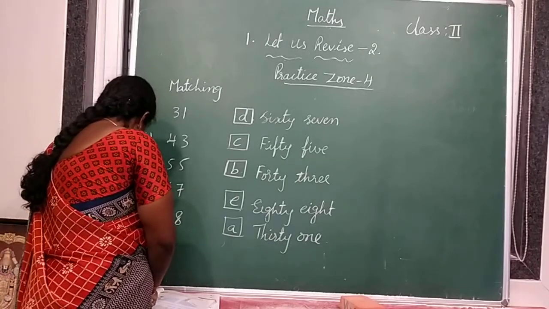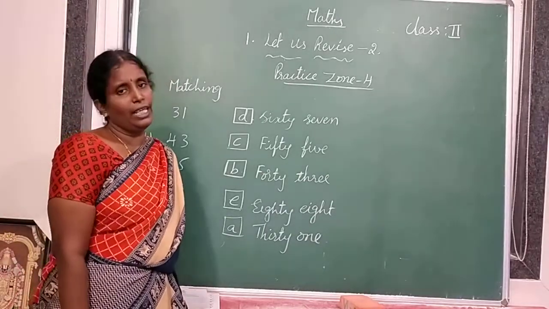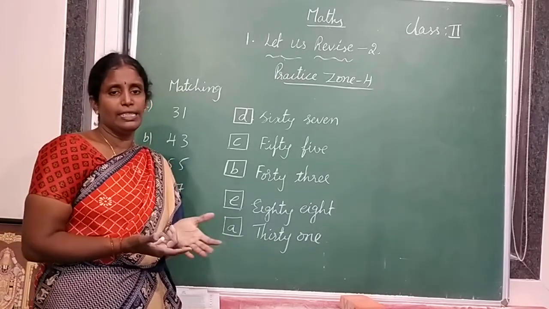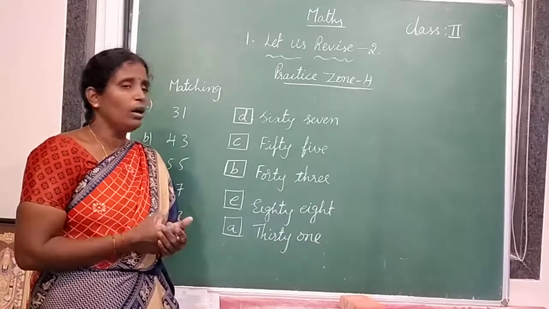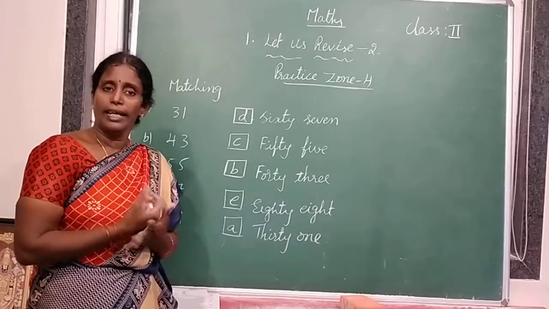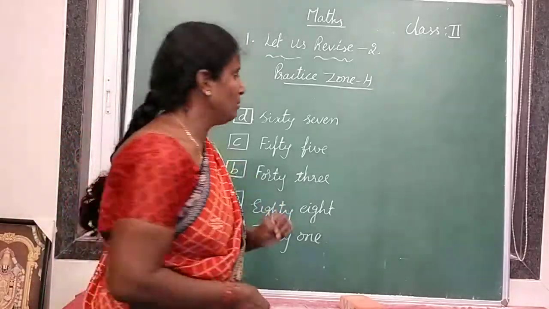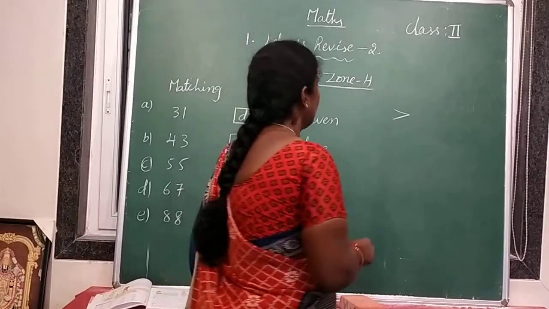Next, more, less and equal. So more than, less than and equal. There are three symbols. This is the more than symbol, or greater than symbol.